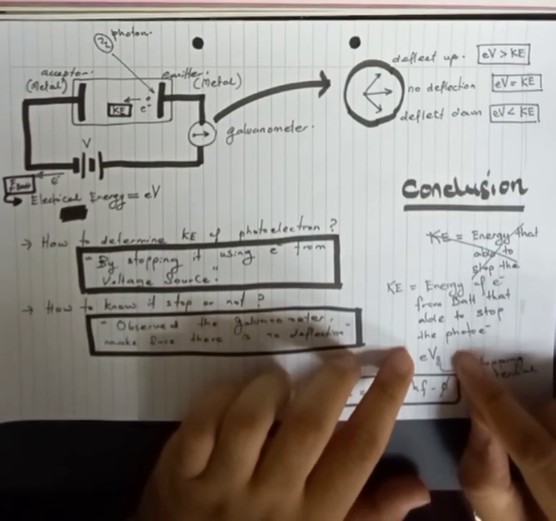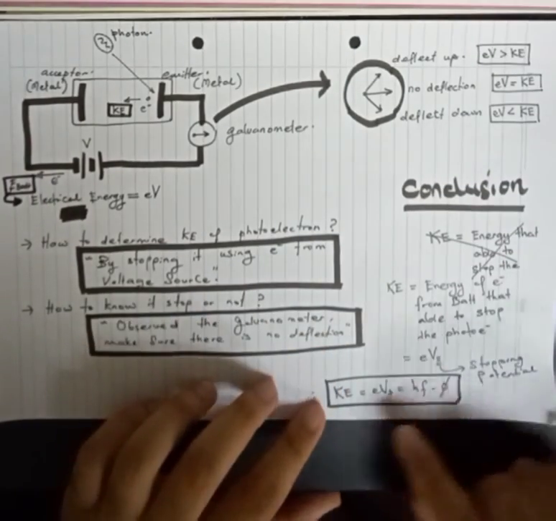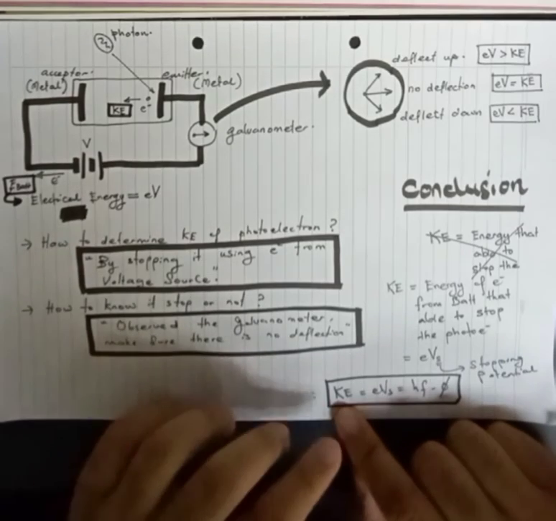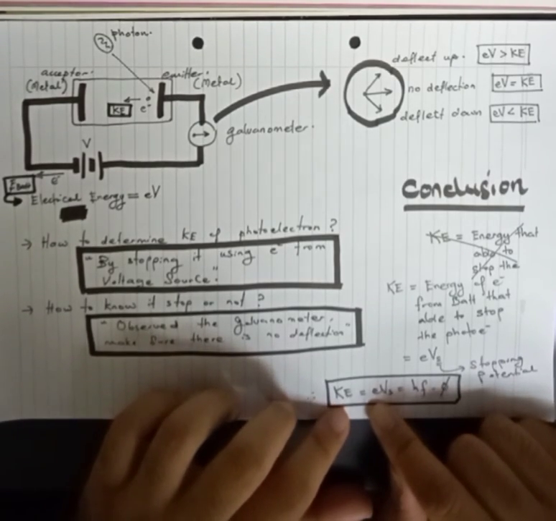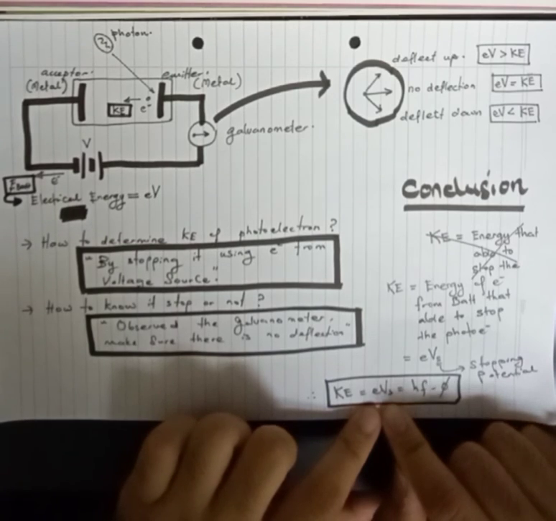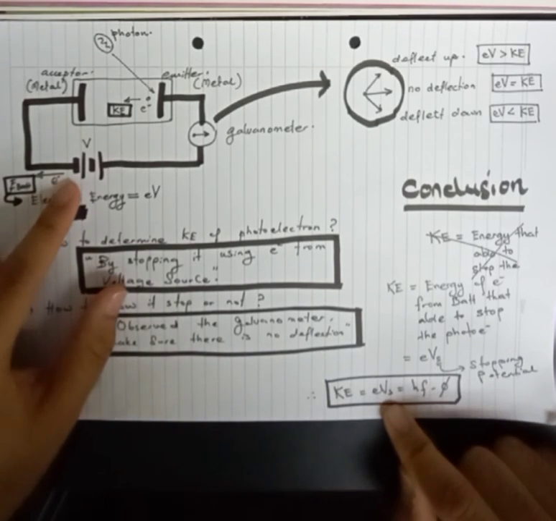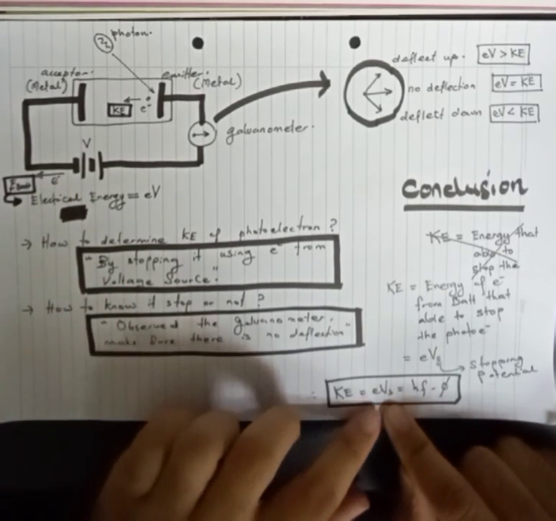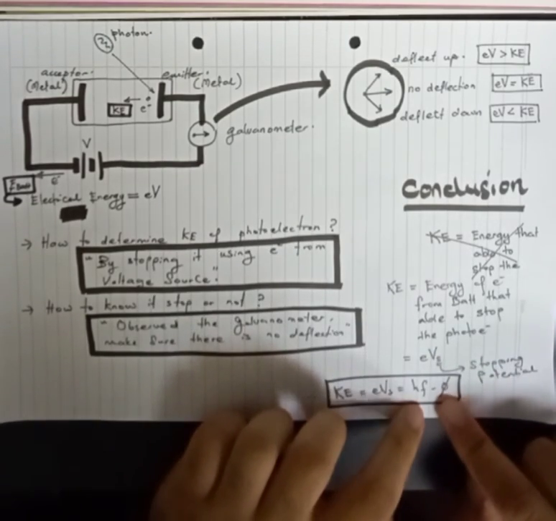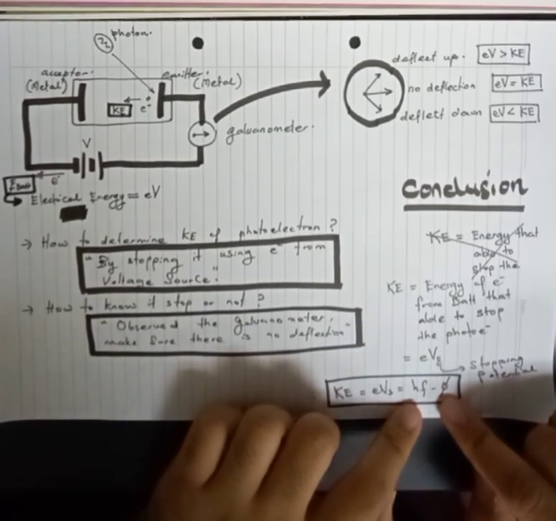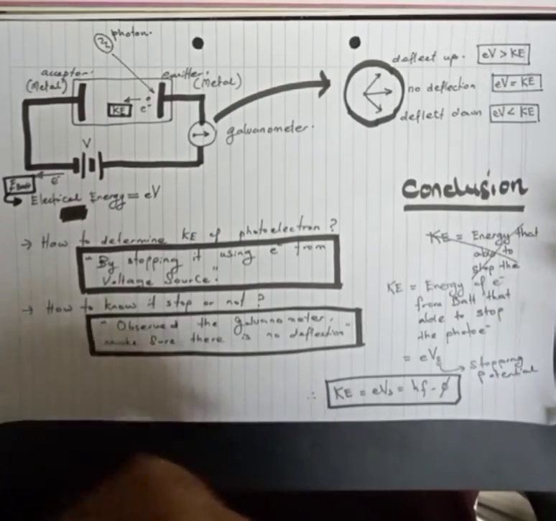So we can complete this equation: the kinetic energy of the photoelectron is equal to the energy of the electron from the battery that is able to stop the photoelectron, eVs, and also equal to hf minus the work function, like what we discussed just now.